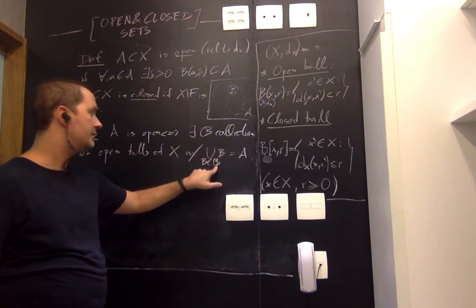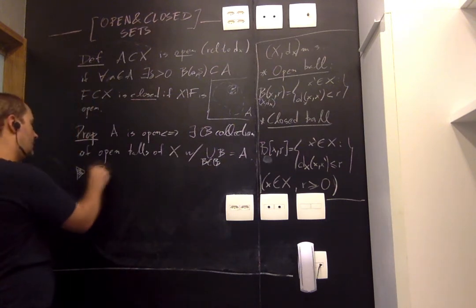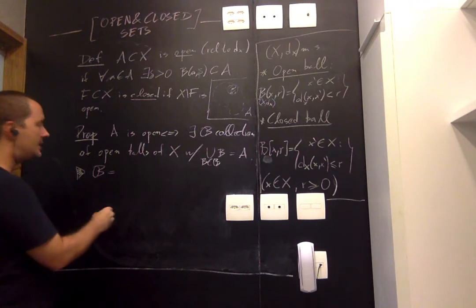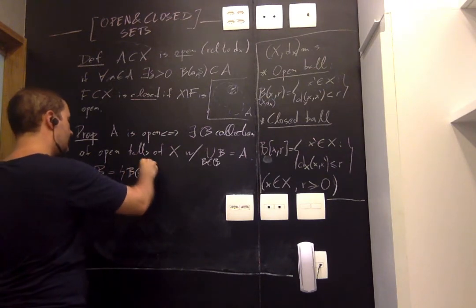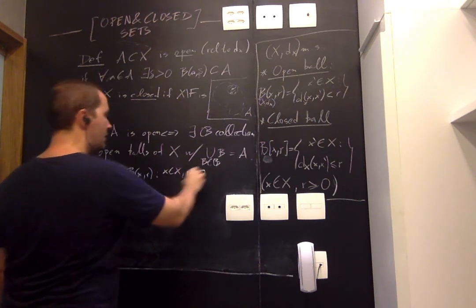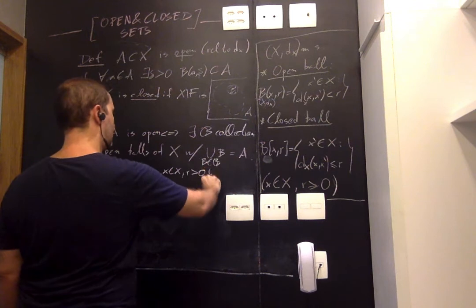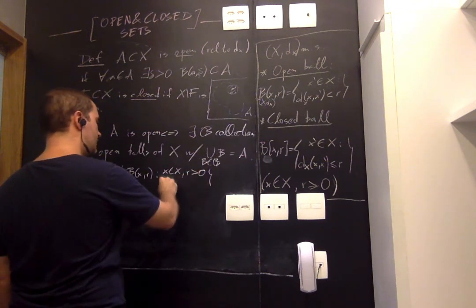What collection should you take? Well, the natural collection to take is the collection of all open balls contained in A, all non-empty open balls, so the ones with radius 0 are empty and we don't care about them.